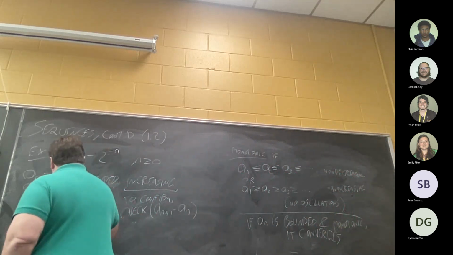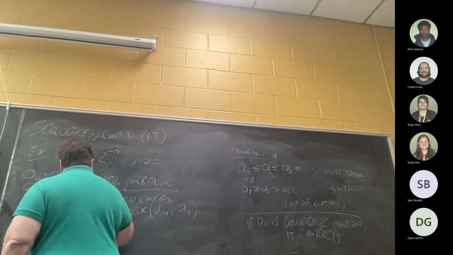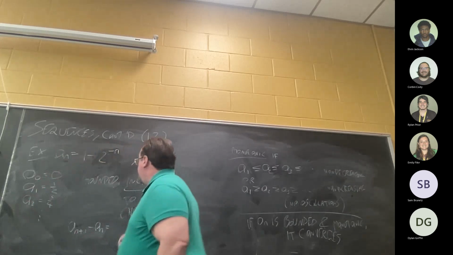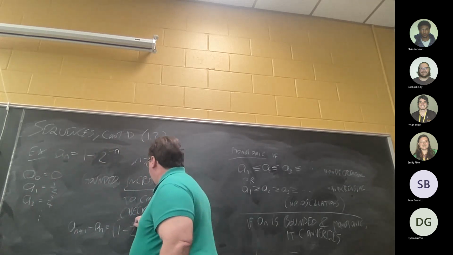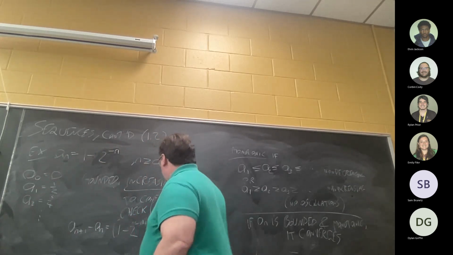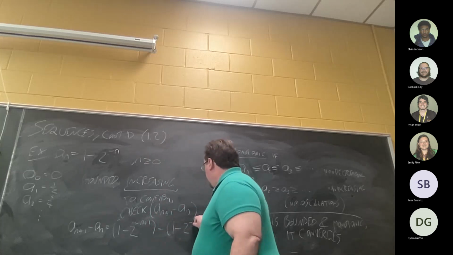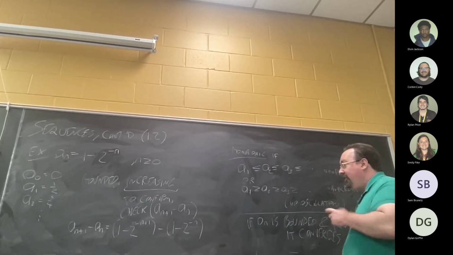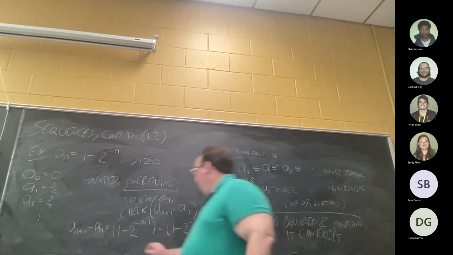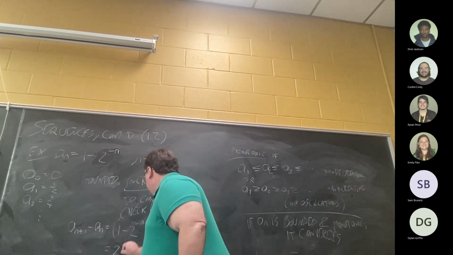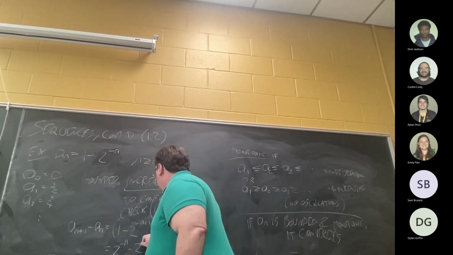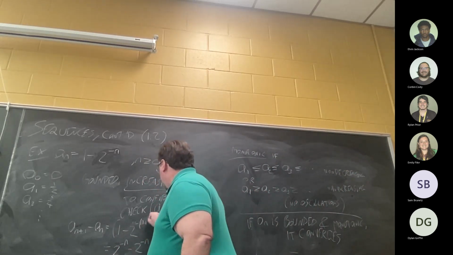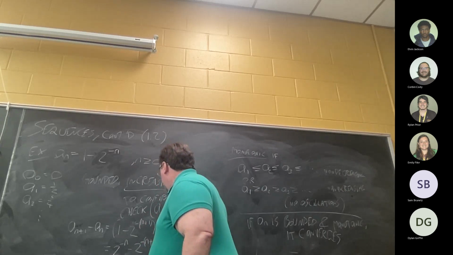So in this case, a_(n+1) minus a_n would be 1 minus 2 to the minus (n+1), minus (1 minus 2 to the minus n). The ones will cancel out. So you're left with 2 to the minus n minus 2 to the minus (n+1).